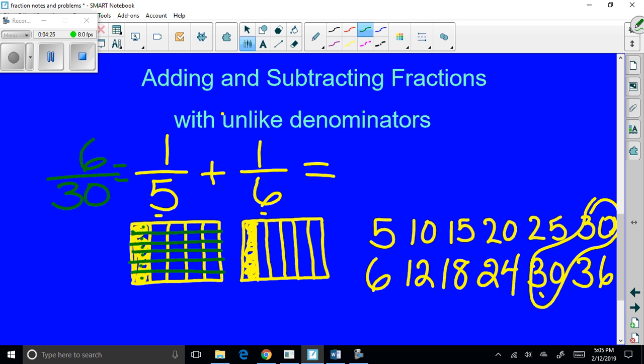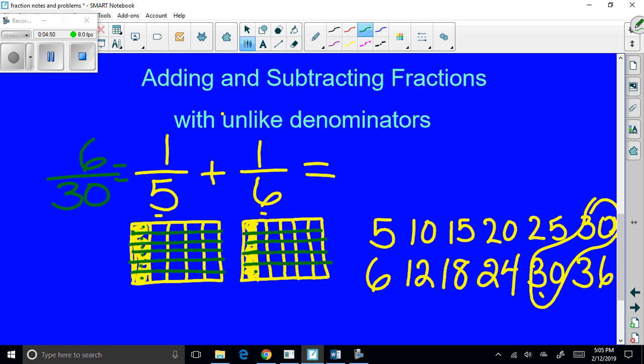Same for 1/6. I know that I have 6 vertical pieces of this shape, and I want to get 30. So I know that if I do 5 pieces that are horizontal, I'll get there. So I'm going to go 1, 2, 3, and 4. I only had to use those 4 lines to get those 5 pieces.